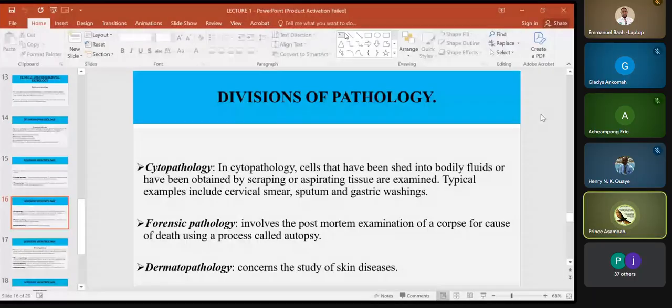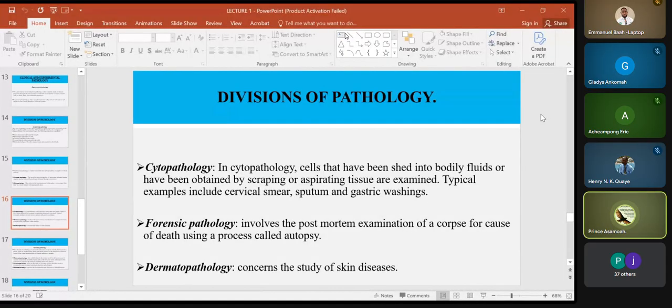First you do, and then you observe how the blood specimens react with the chemicals that are applied to them. Cervical smears and all that, pap smears, all of them go into cytopathology.